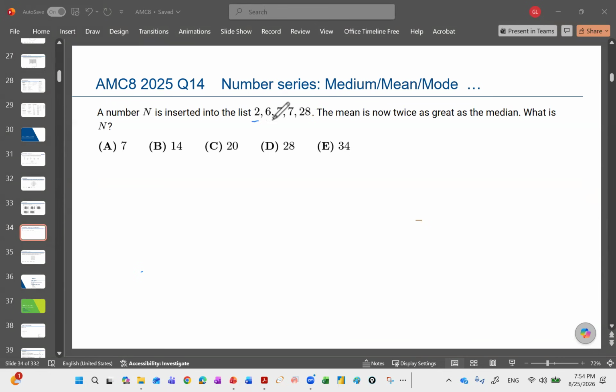Now, the list here has 1, 2, 3, 4, 5, 6 numbers, right? When n is inserted, there will be 7 numbers. Let's think about odd and even numbers. And also let's look at some other words, called mean. The mean is now twice as great as the median.